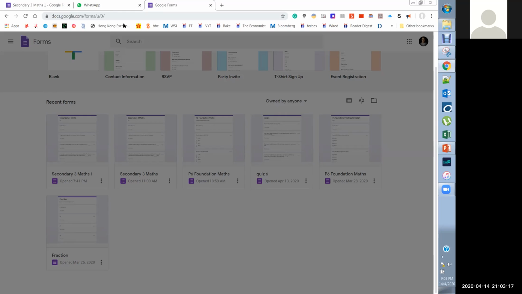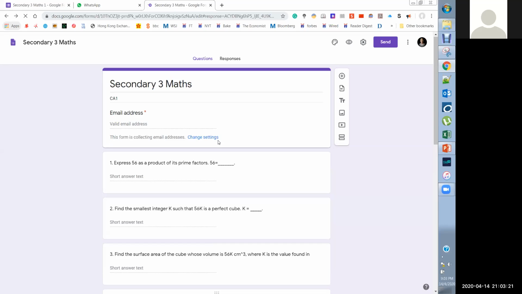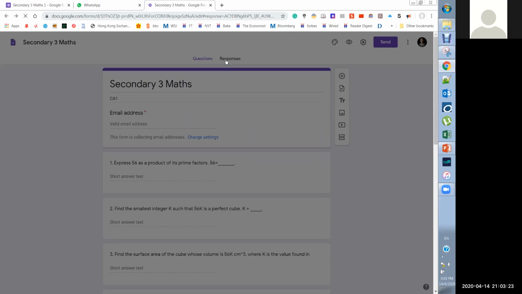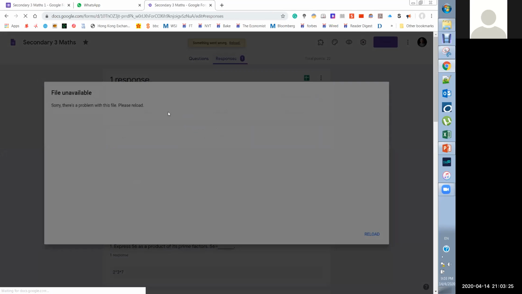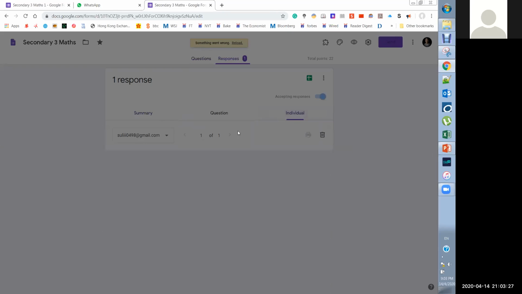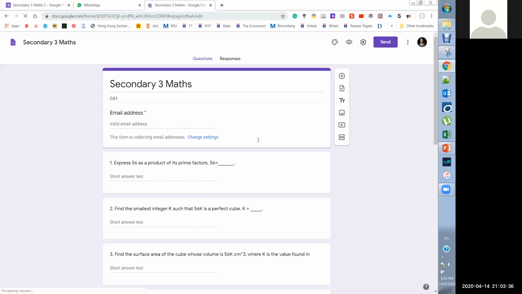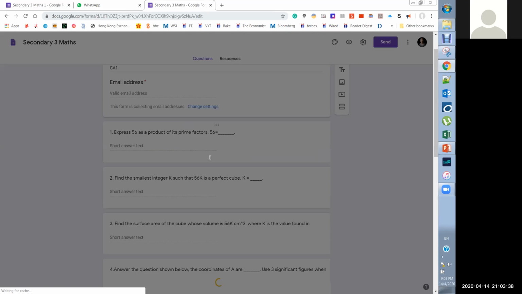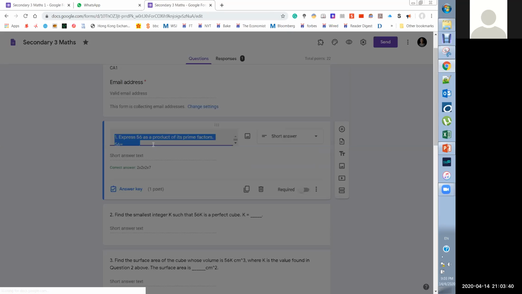One thing I realized is that by doing this exercise, I can see whether you know prime factorization or not. If you get it correct, I can see that you understand prime factorization already. So I know I don't need to teach this concept, because I see you get the correct answer, right?